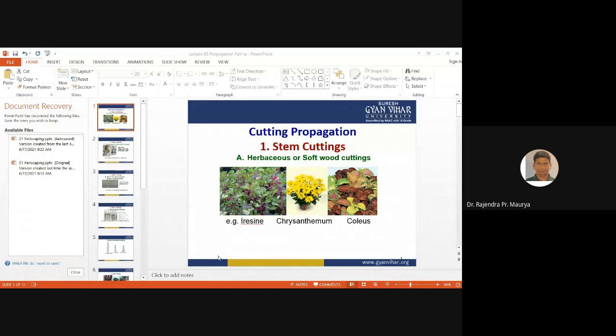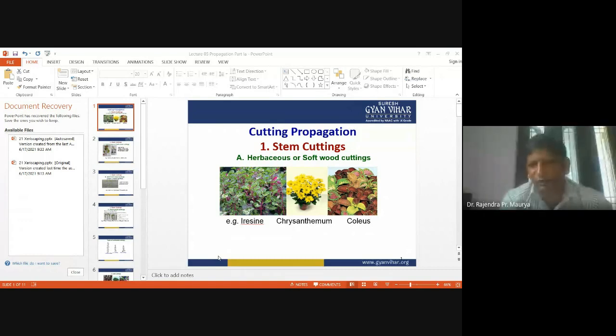So that one also develops roots. Okay, and in the above part you will see the leaf primordia, etc. So we can say by vegetative means, from the whole leaf or leaf parts, we can prepare new plants.